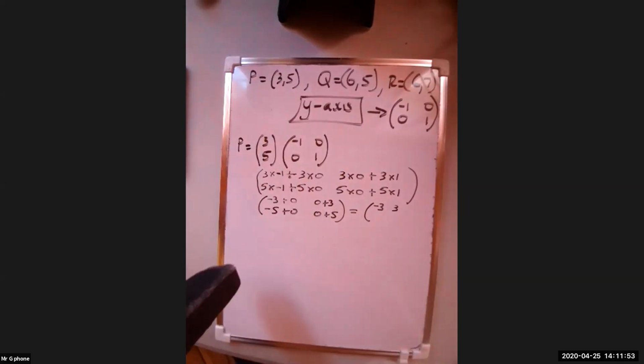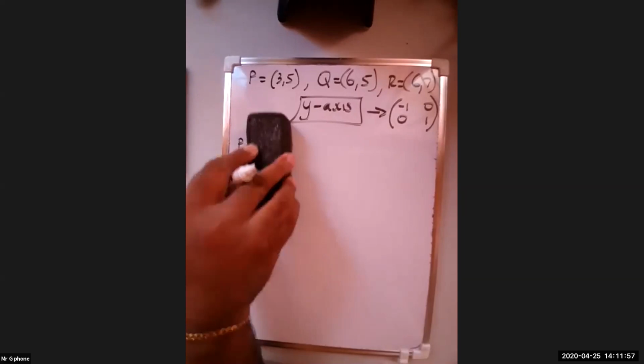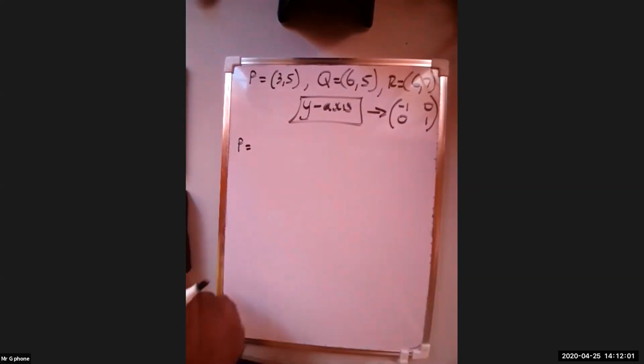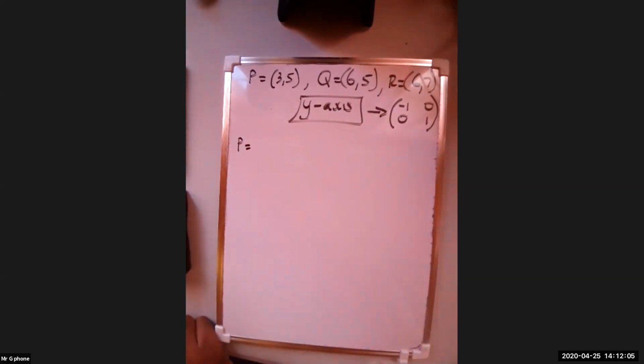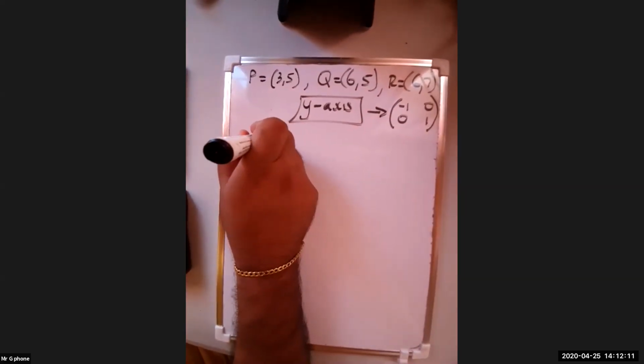Yeah, I did this entire thing wrong. My apologies. Not following your own rules. 3 by negative 1, 5 by 0. It wasn't following the rules, row by column. Yeah. Let me try it one more time.